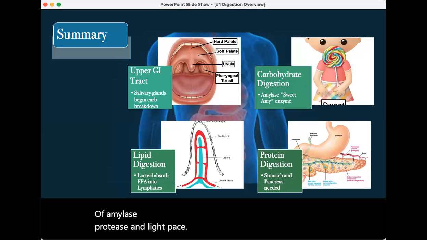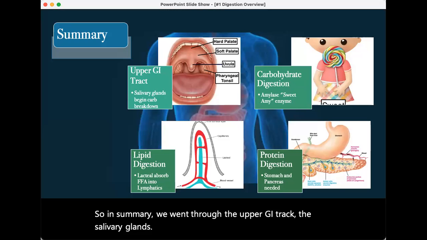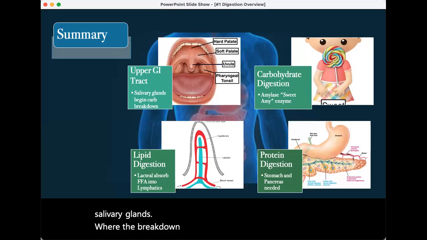So in summary, we went through the upper GI tract and the salivary glands, where the breakdown of carbohydrates begins. Lipid digestion requiring the lymphatic system.